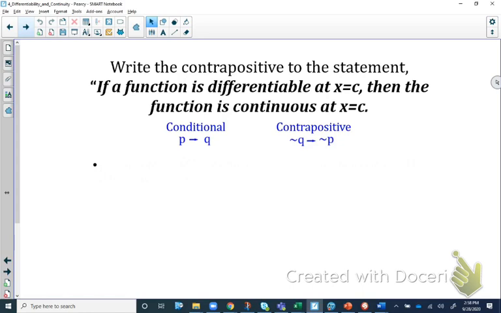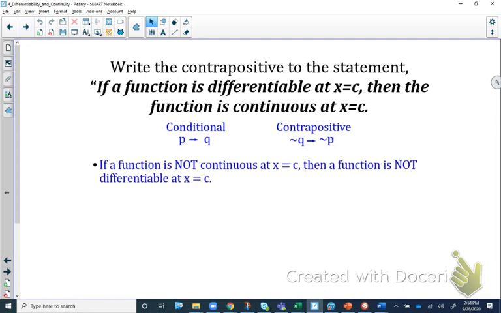So here we have the statement: if a function is differentiable at x equals c, that's the hypothesis, then the function is continuous at x equals c. There's the conclusion. So here I'll just put this up here. This is the contrapositive.